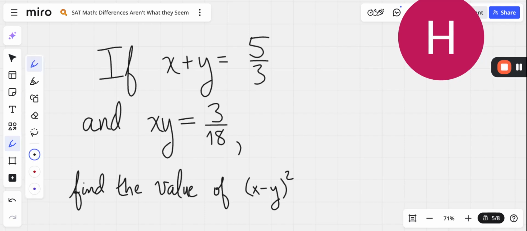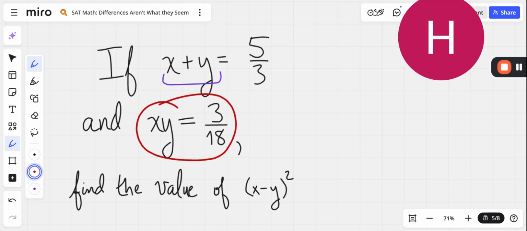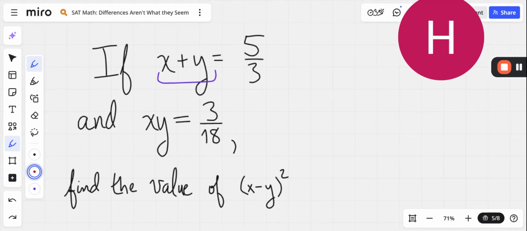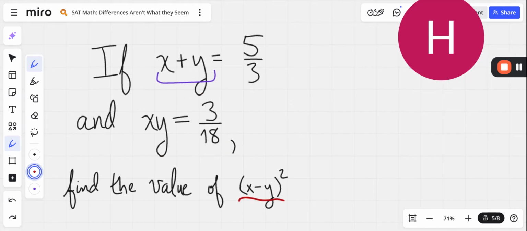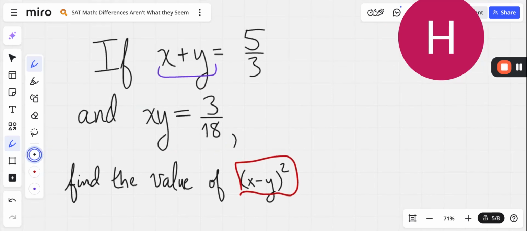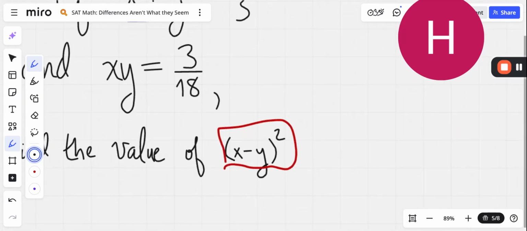Okay, getting started. We have this given information, of course, and a little bit more given information, the value of x, y. If you've been watching the last few, you'll know that this is kind of setting you up for the binomial expansion, but even if you haven't seen the last few, we're asked for the value of x minus y squared, which possibly would make you think, okay, we don't need to solve for x and y, but we just need to find an expression x minus y, get its value, and then square it.